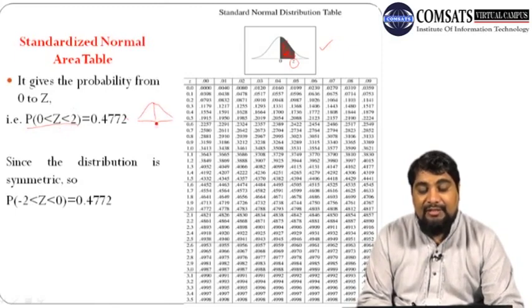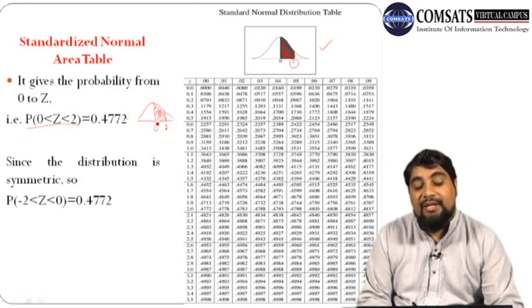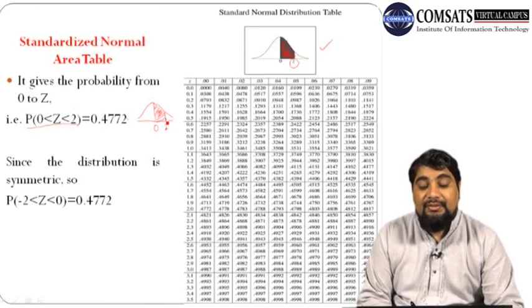Remember that the mean is 0, so we have 2 around here. So we are interested in finding this shaded area between 0 and 2. In order to calculate this shaded area, we need to look up this number 2 in this table.